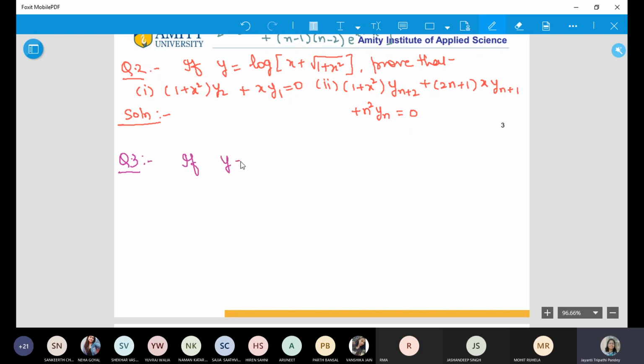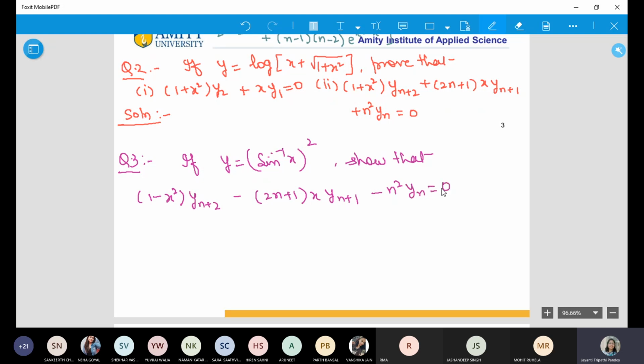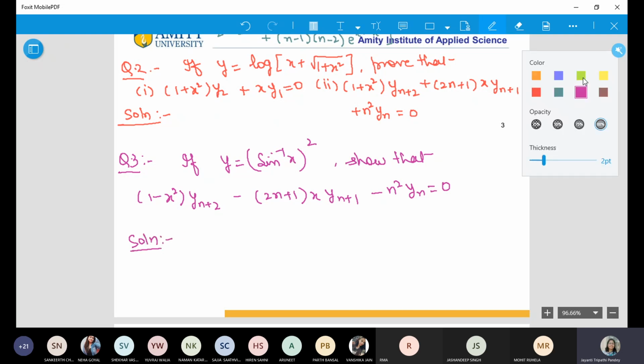If y is equal to sine inverse x square, show that 1 minus x square yn plus 2 minus 2n plus 1 xyn plus 1 minus n square yn equals 0. And I hope you are able to do it without much hiccup.